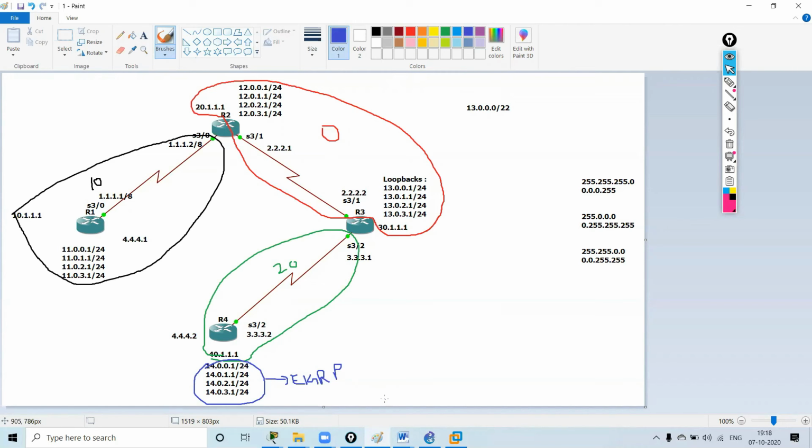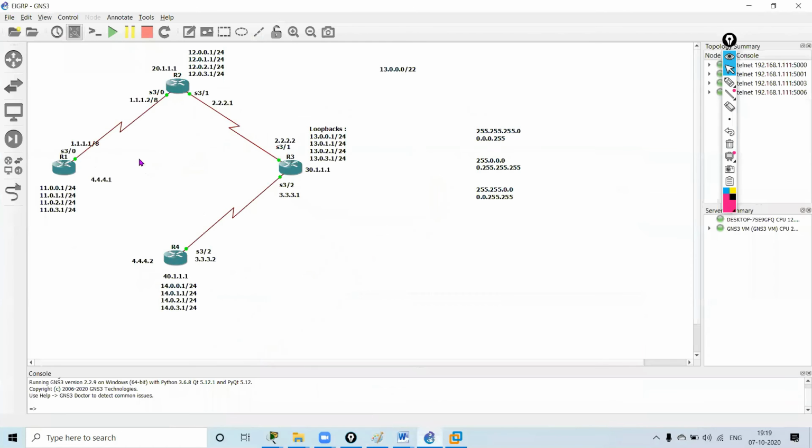Okay, this is my plan. Understood the plan? Between R1 and R2, I'll be running area 10. Between R2 and R3, area 0. R3 and R4, area 20. And the loopbacks on the R4 router will be in EIGRP, and I'll redistribute the routes inside EIGRP, or I'll take some RIP routes over here, RIP version 2. You can take any routing protocol. Now I'll take the console of all the routers.